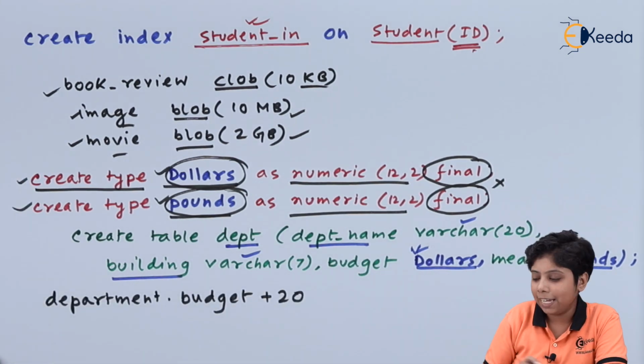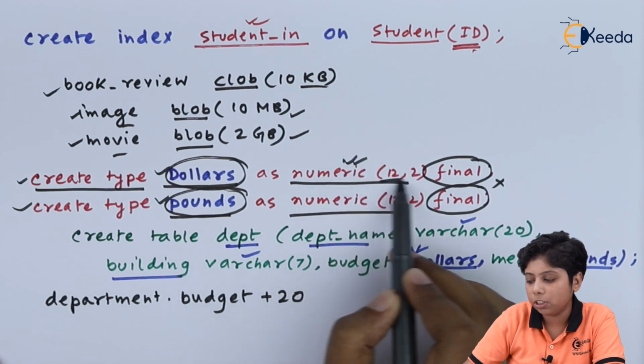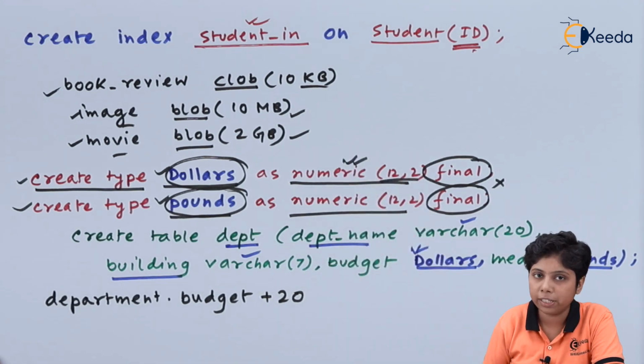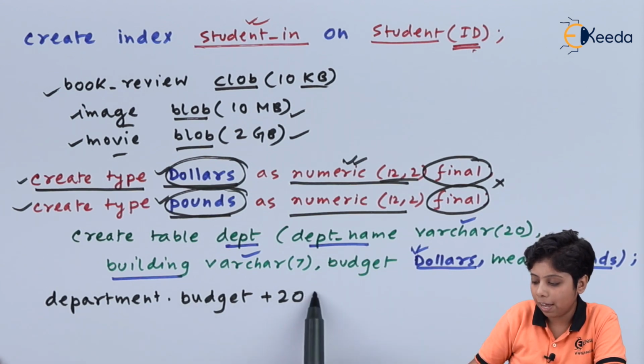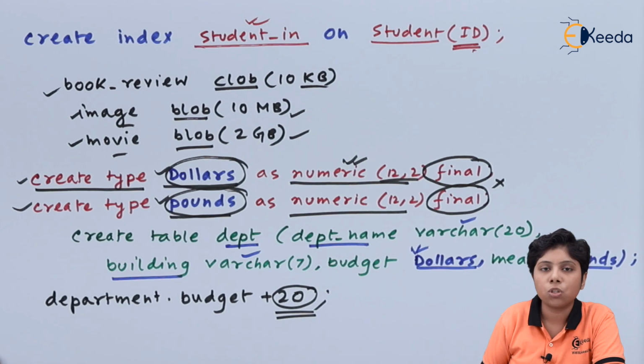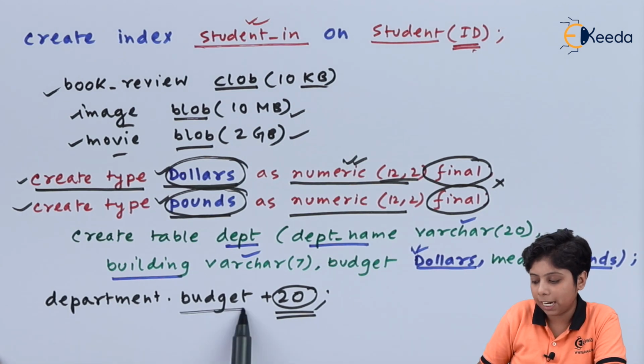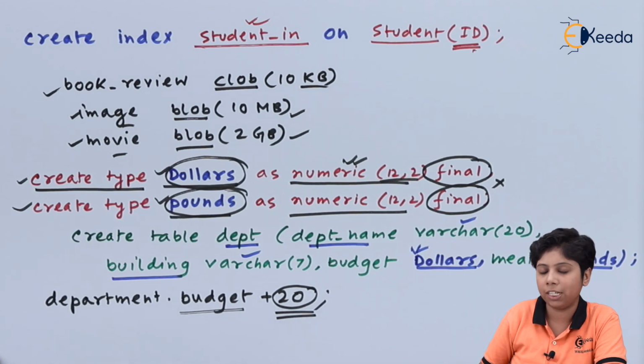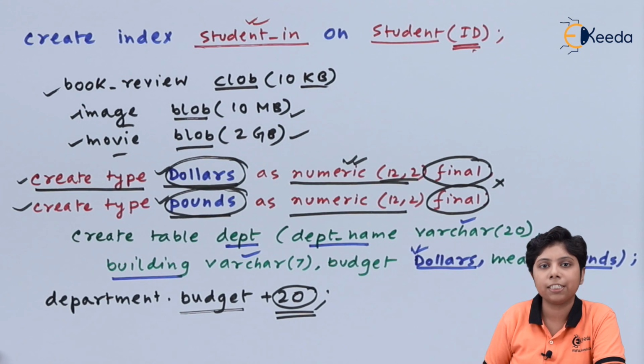I have created the budget as numeric 12,2, a numeric data type with decimal points, and I have added an integer constant 20. It will give an error because the budget data type does not match the integer constant data type. So we need to cast it to make it match the data type and get our work done.